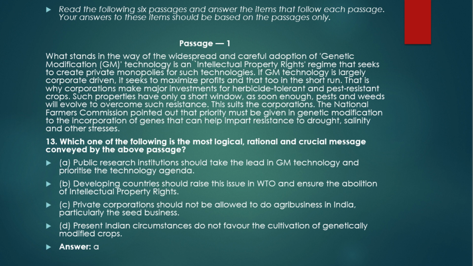Such properties have only a short window, as soon enough, pests and weeds will evolve to overcome such resistance. This suits the corporations. The National Farmers Commission pointed out that priority must be given in genetic modification to the incorporation of genes that can help impart resistance to drought, salinity, and other stress.